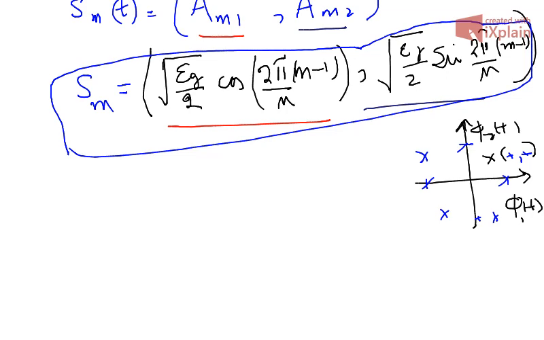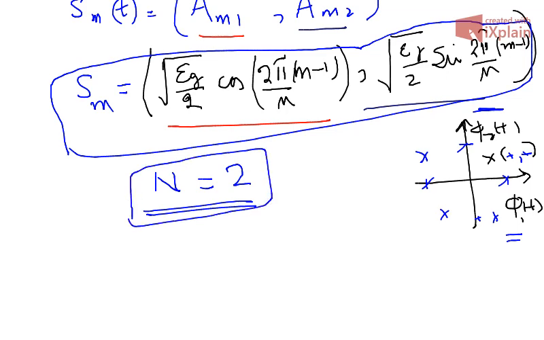Now we can see with this vector form that our phase modulated signal is actually two-dimensional. We need phi 1 and phi 2 to represent a phase modulated signal. So this is the dimensionality of our phase modulated signal. A phase modulated signal is actually a two-dimensional signal.